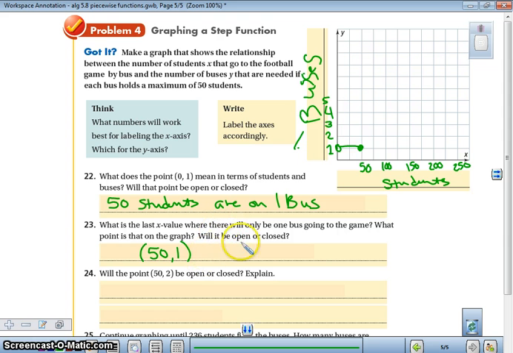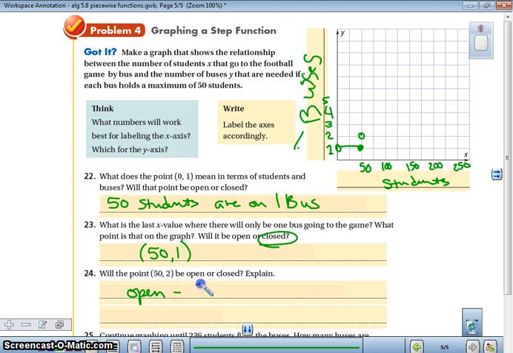At 50, we are going to have one bus. Will it be closed or open? This should be closed. And if we are looking at this, the last X value that goes on that bus is our 50 students. What will the point 52 tell us? Well, at 52, that's telling us that it's going to be open.